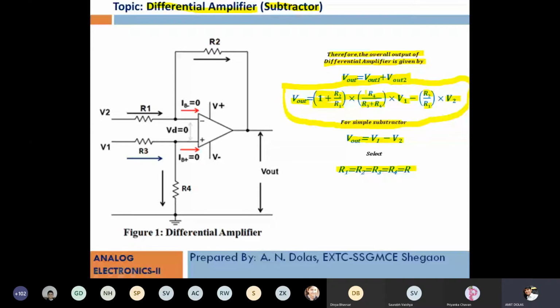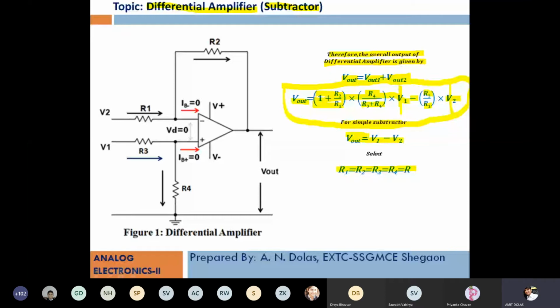So 2 into 1 by 2 will be 1, so only V1 will remain in the equation. And here, minus R by R will be minus 1, so only V2 will remain. So simply by putting all the resistances of equal standard value in the differential amplifier, we get the subtraction operation V1 minus V2.